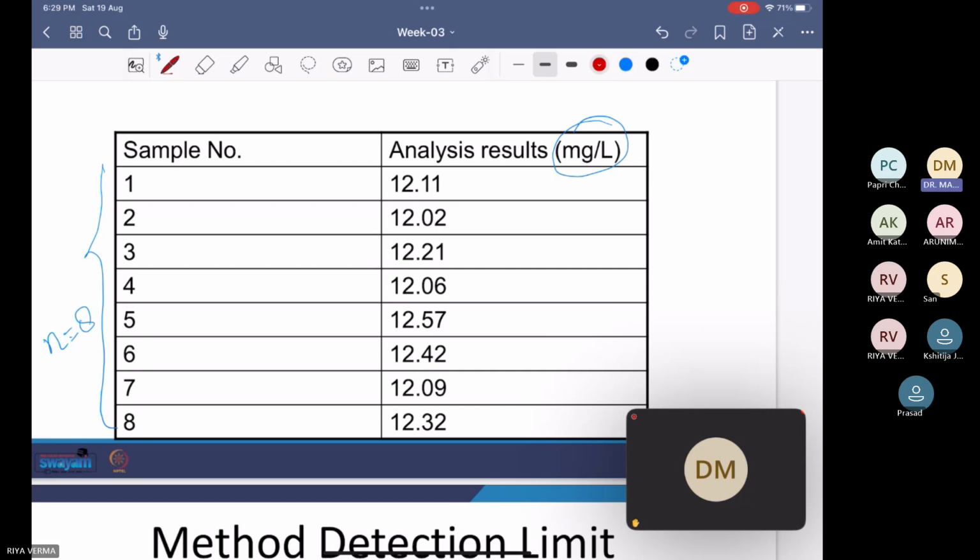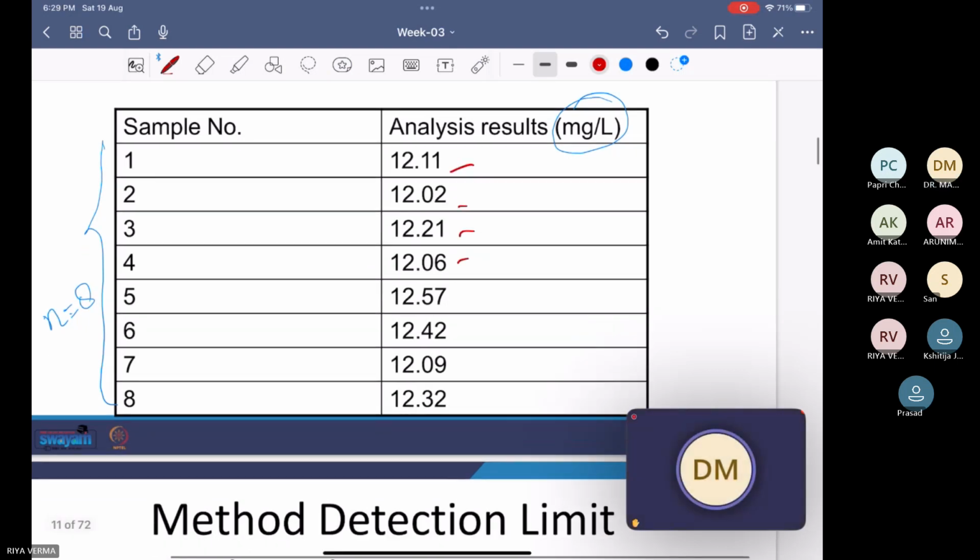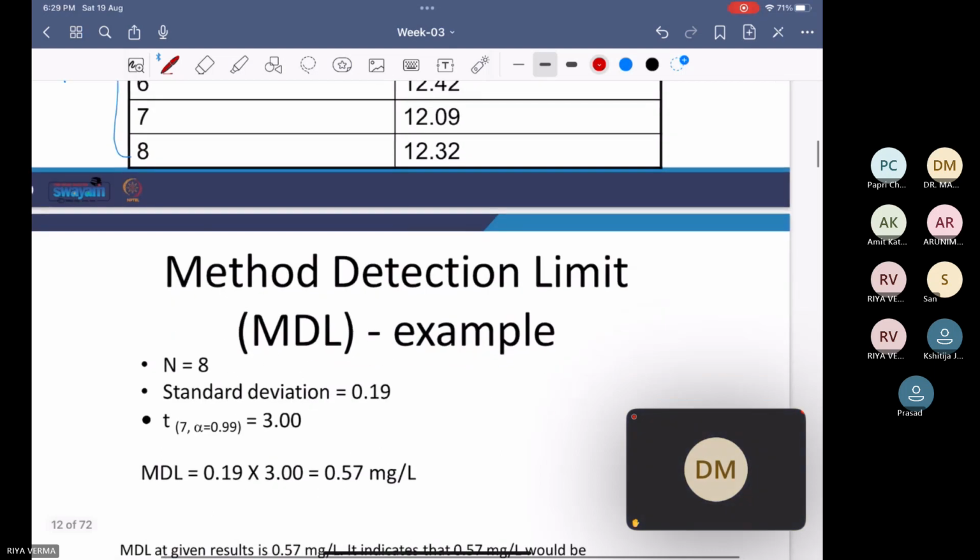So for every sample that we run we have certain values. Standard deviation, everyone knows how to calculate standard deviation, or shall I calculate? Okay, fine.